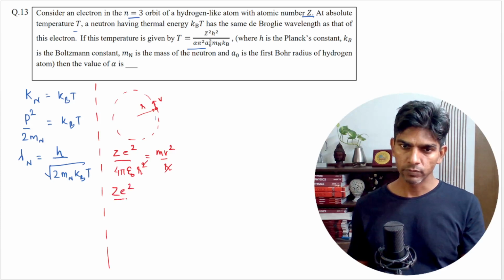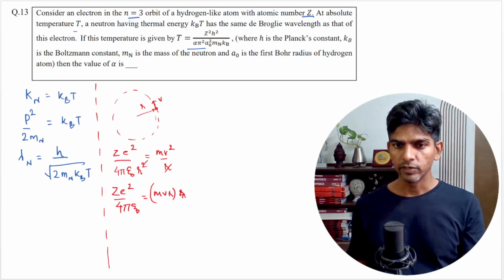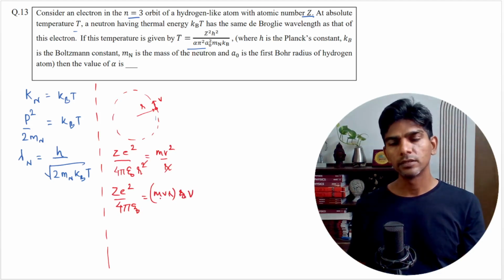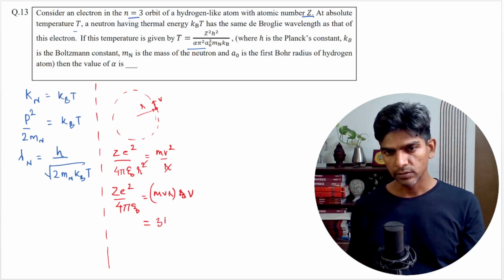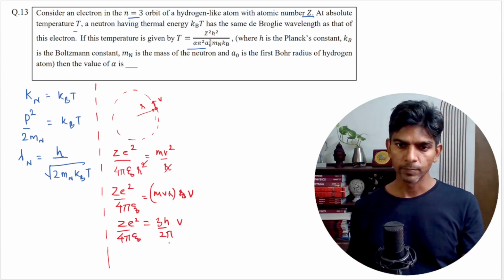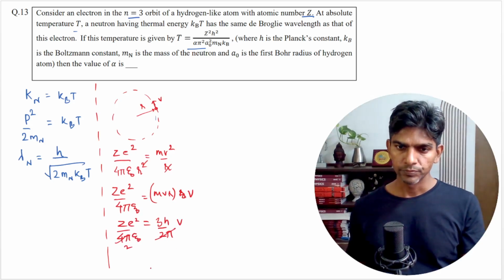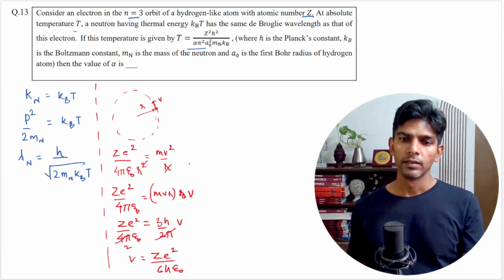So ZE square by 4 pi epsilon naught will be mvr times v, and mvr is nothing but nh upon 2 pi, which is 3h upon 2 pi. So this can be written as 3h upon 2 pi times v equals ZE square divided by 4 pi epsilon naught. Now this will give us 2. So we got v, which will be ZE square divided by 6h epsilon naught.